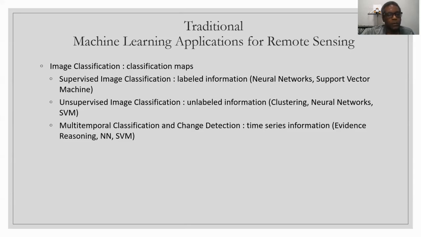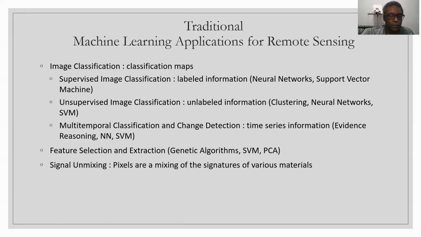More applications: multi-temporal classification and change detection, usually for time series information. More applications: feature selection and extraction. More applications: signal unmixing for pixels, where pixels are mixtures of signatures of various materials.